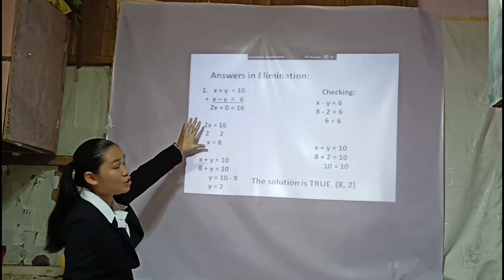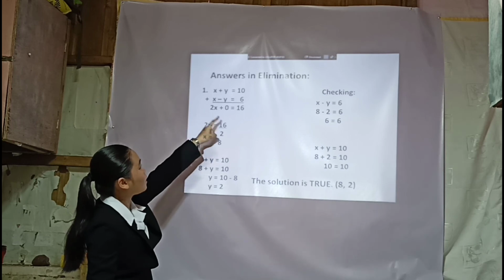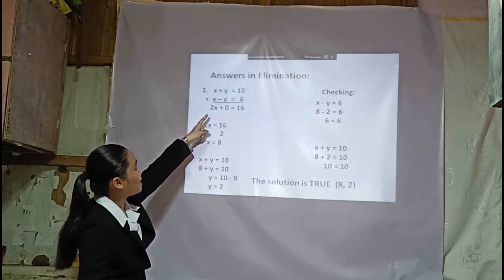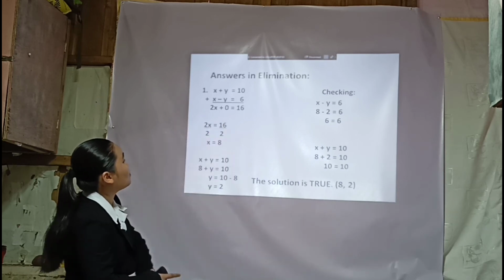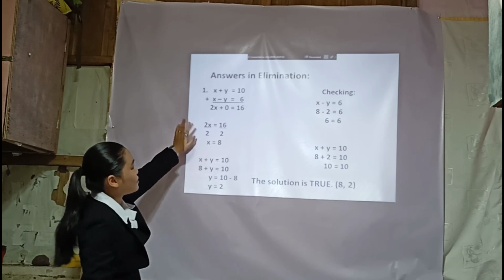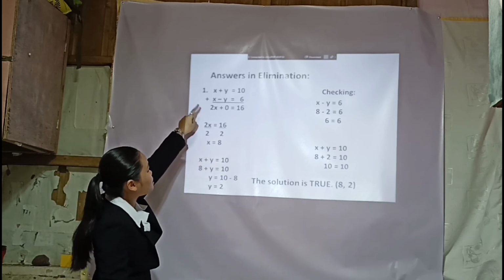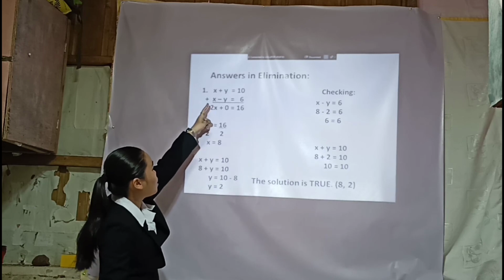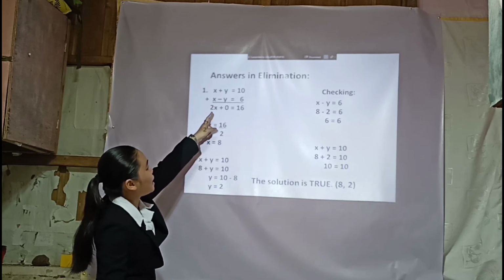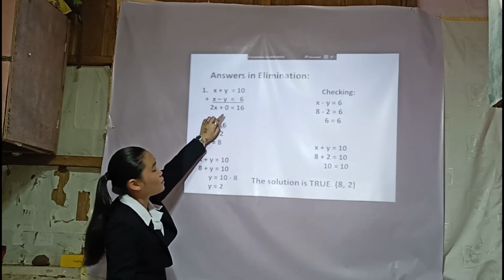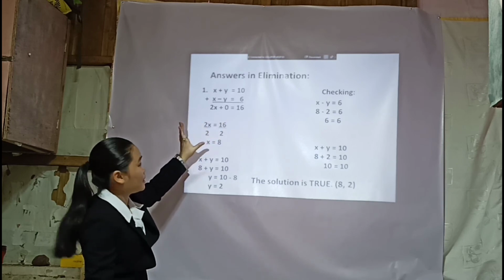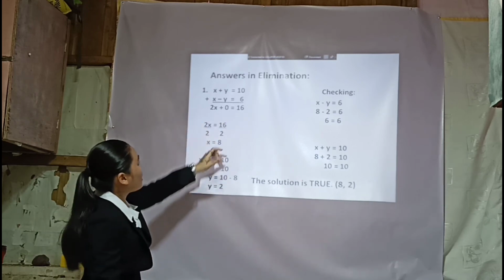Number 1, the equations are x plus y equals 10 and x minus y equals 6. So, for step 1, we will add: x plus x equals 2x. y minus y equals 0 since they have different signs, so let's subtract.